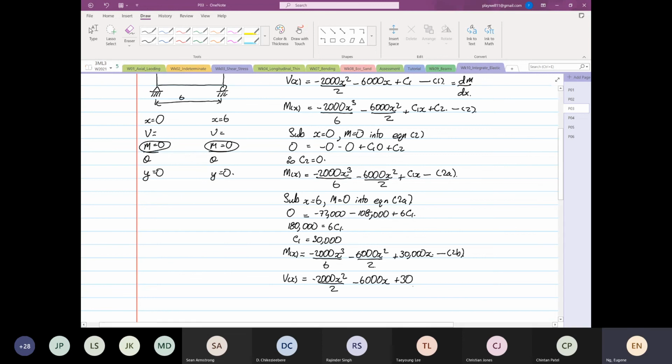Is C1 30? Yep. So this is our equation 1a.